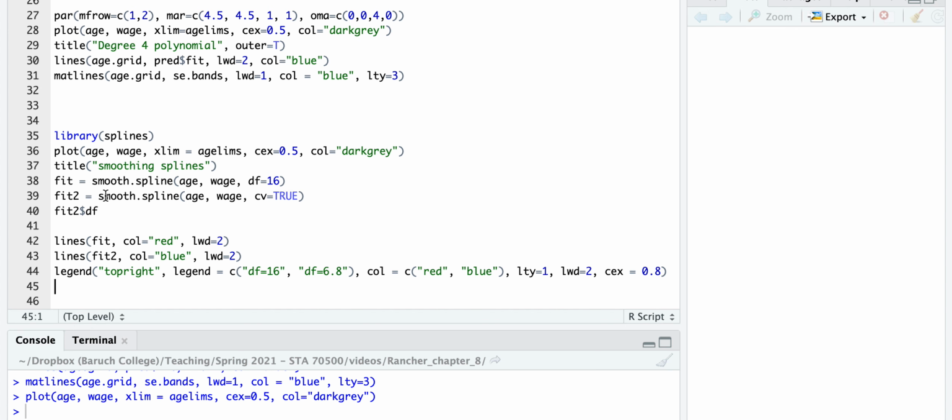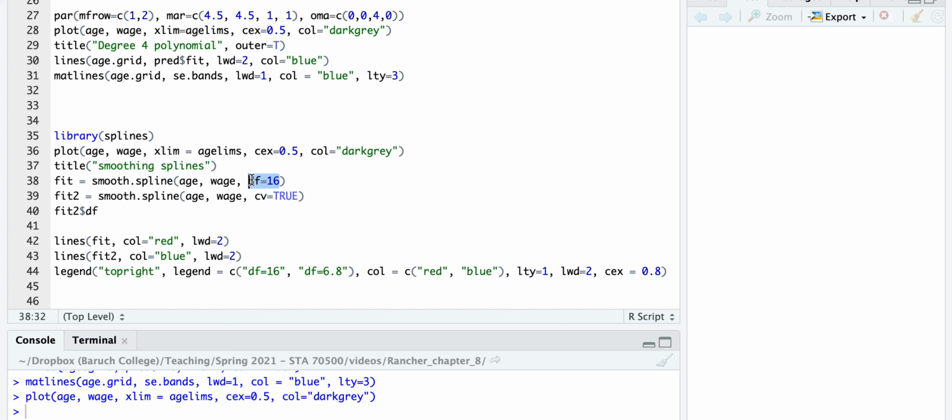So in this part, I am just plotting the data, and I'm titling it. I fit a smoothing spline, wage versus age. I arbitrarily choose the degrees of freedom 16.